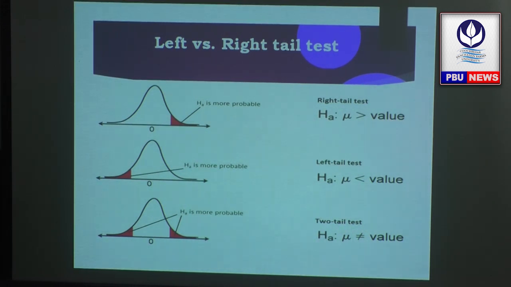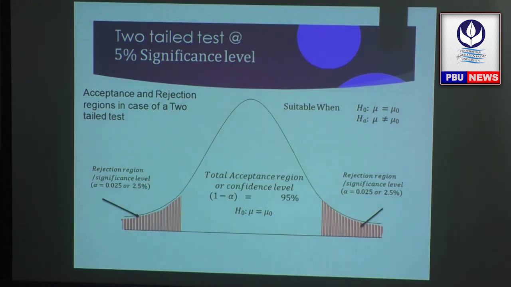Here the alternative hypothesis is mu not equal to mu 0. This is the basic diagram of a two tail test at the 5% level of significance. That means alpha equals 0.05.